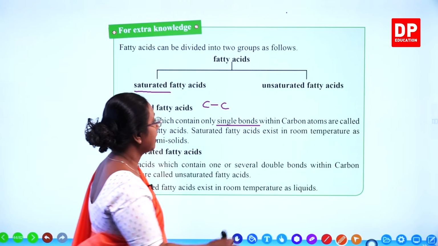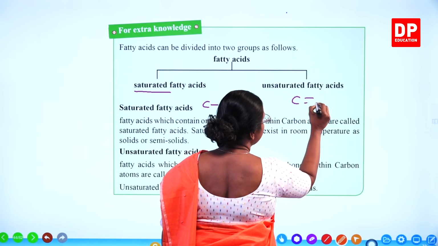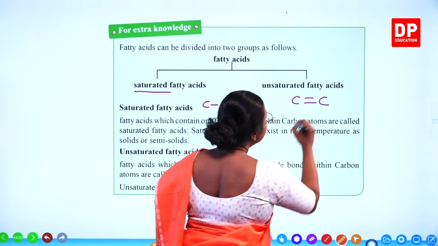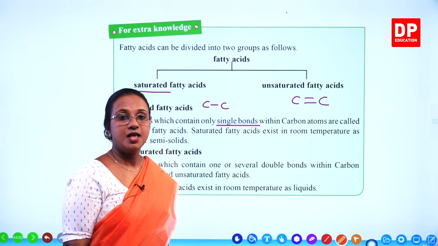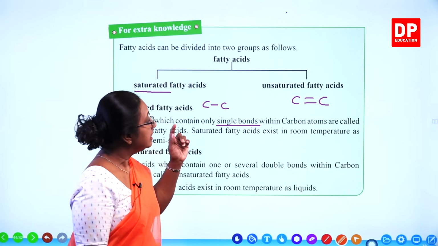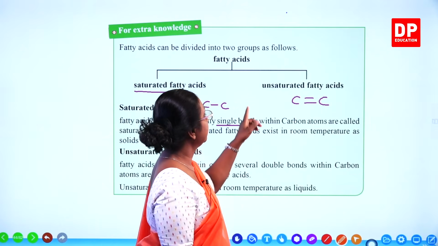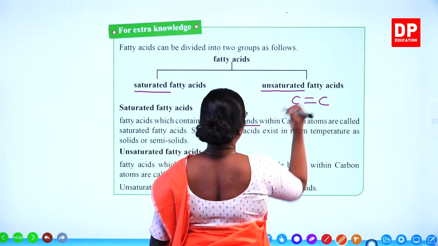But if there are double bonds, when you look at two carbon atoms, there are two bonds between them. Then we call it a double bond. These types of fatty acids are called unsaturated fatty acids.